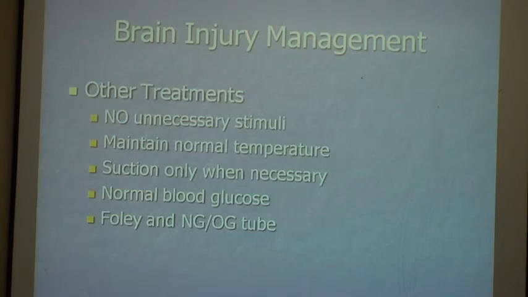It's a big molecule, water follows it, and so you have more interstitial fluid in your brain if your blood glucose is too high. And obviously everybody's going to have all the tubes, but particularly an NG or an OG tube, because we don't want any chance that they're going to try to retch and vomit, because that's going to increase their ICP as well.